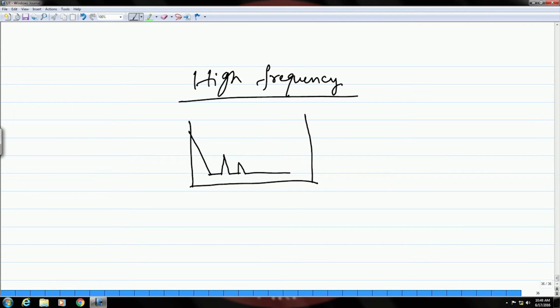So, the back wall signals which are coming out will be lower in intensity compared to a low frequency wave. Because in this case, due to lower penetration, the attenuation is also high, but the resolution in this case is much better.